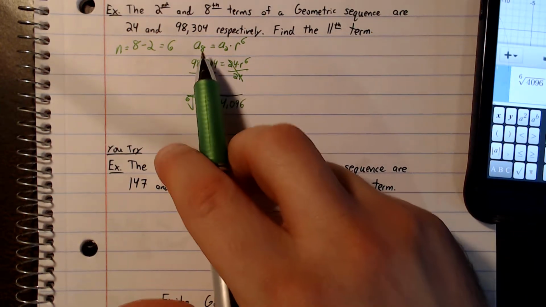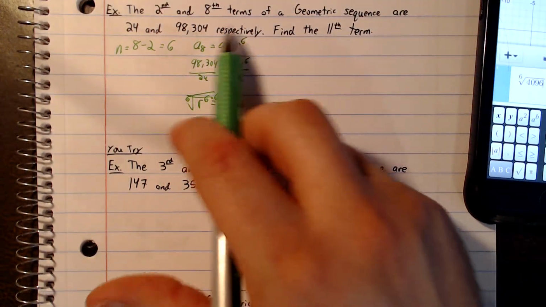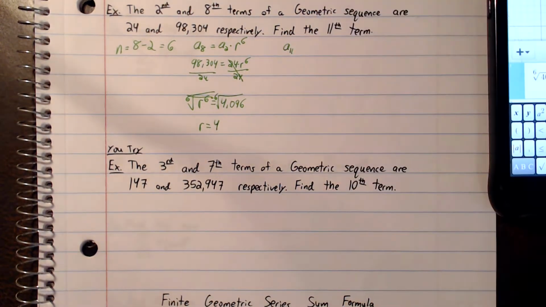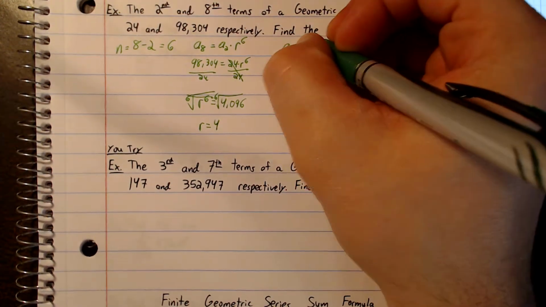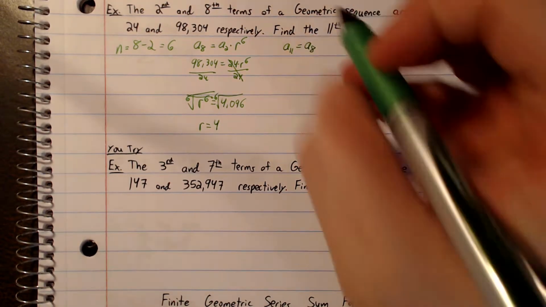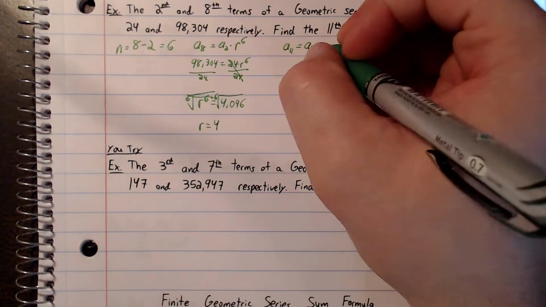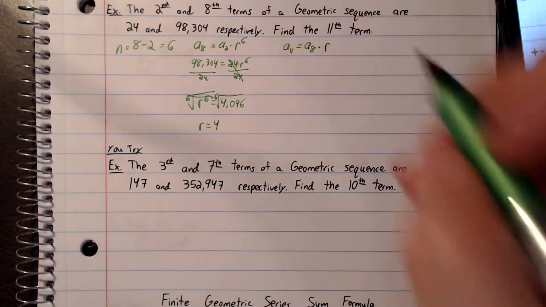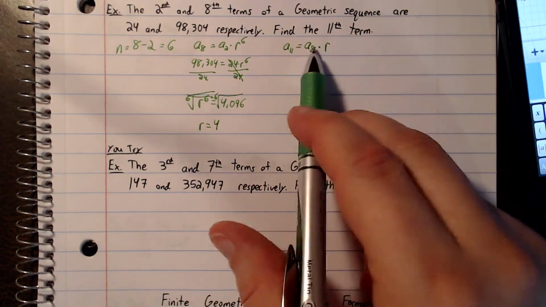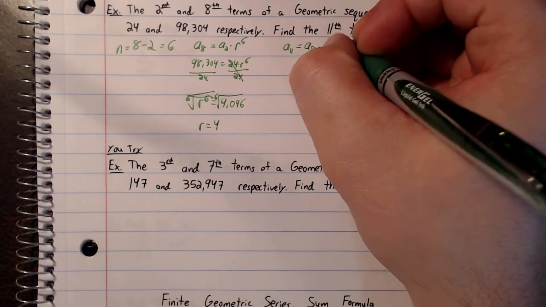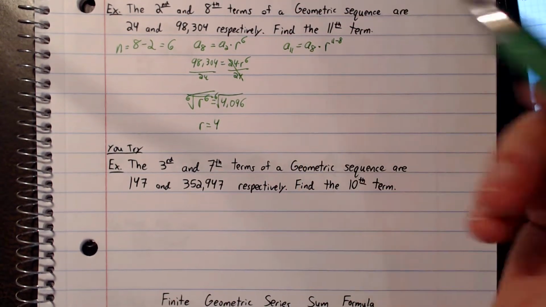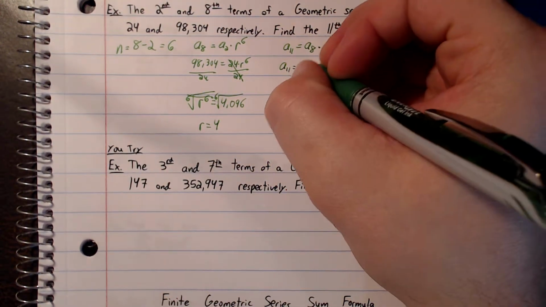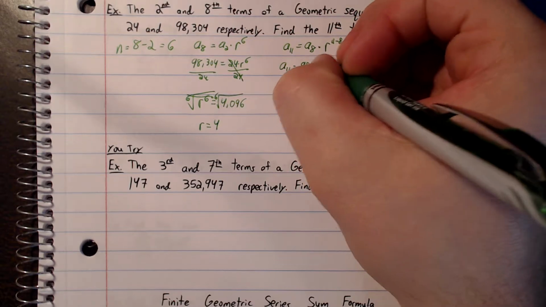Now we're going to use the same idea that we did over here, right, to figure out what R was. We're finding the 11th term. That's equal to the 8th term, whatever that happens to be, which we know, in fact, times the ratio to the difference of these power, right? 11 minus 8. So we're going to end up plugging in the few things that we know, right? We know this is 98304.